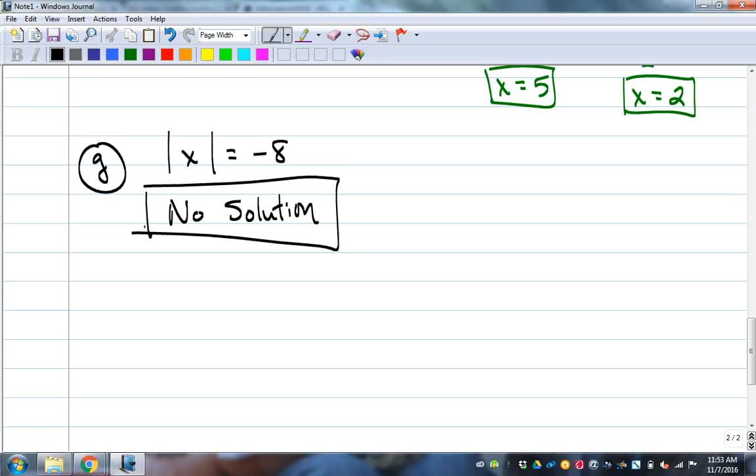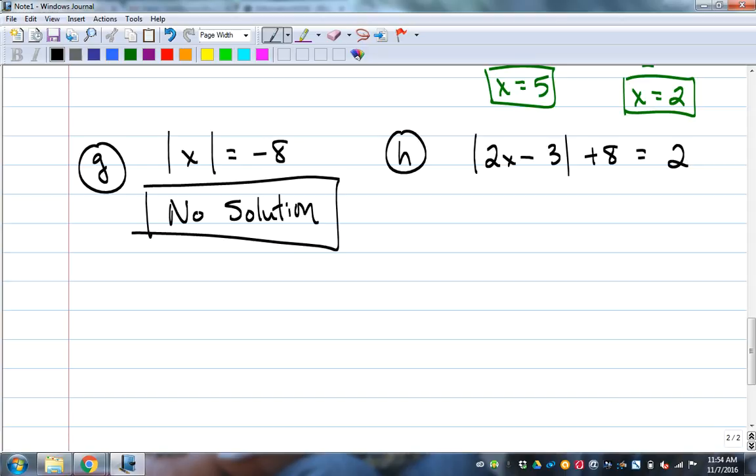Now, they disguise that in this section and in algebra. They try to make sure you're paying attention to the problem. They might have something like this: absolute value of 2x minus 3 plus 8 is equal to 2. And that looks like it's legal, right? Because it's an absolute value equation equal to a positive number.